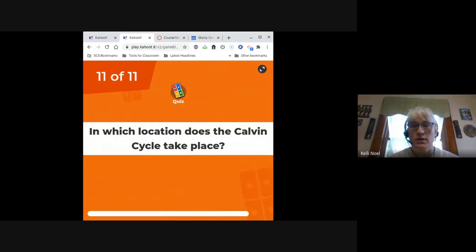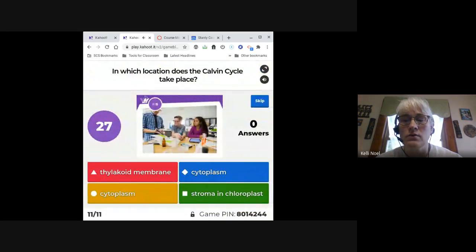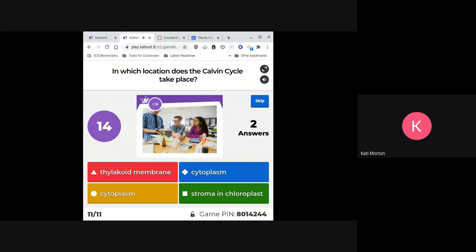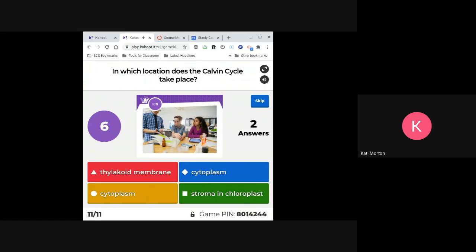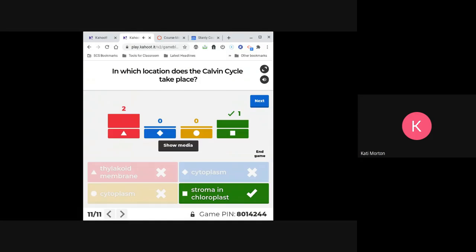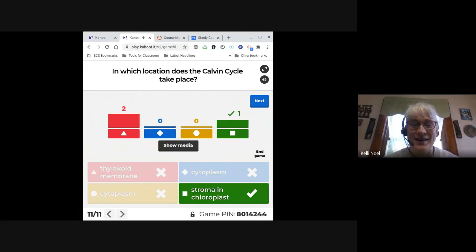Which location does the Calvin cycle take place in? Inside the chloroplast. Where does it take place? All right, I gave a little hint because I said inside the chloroplast.